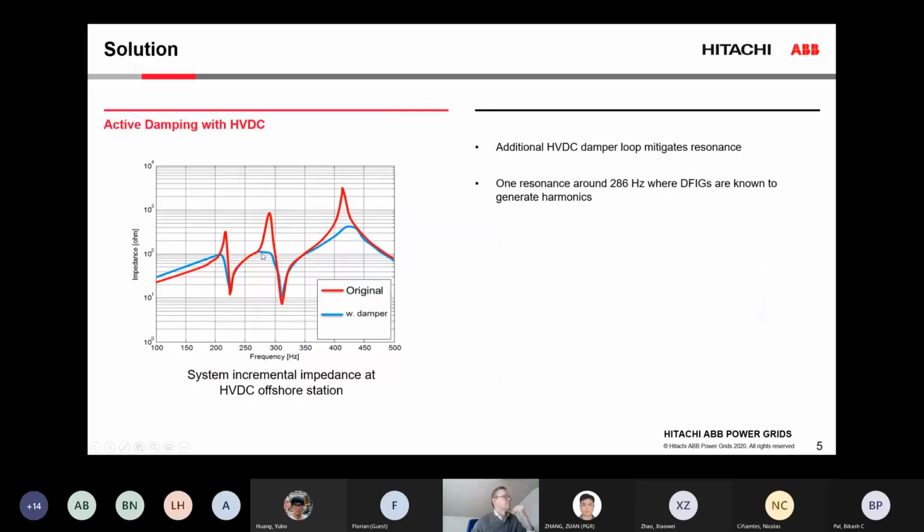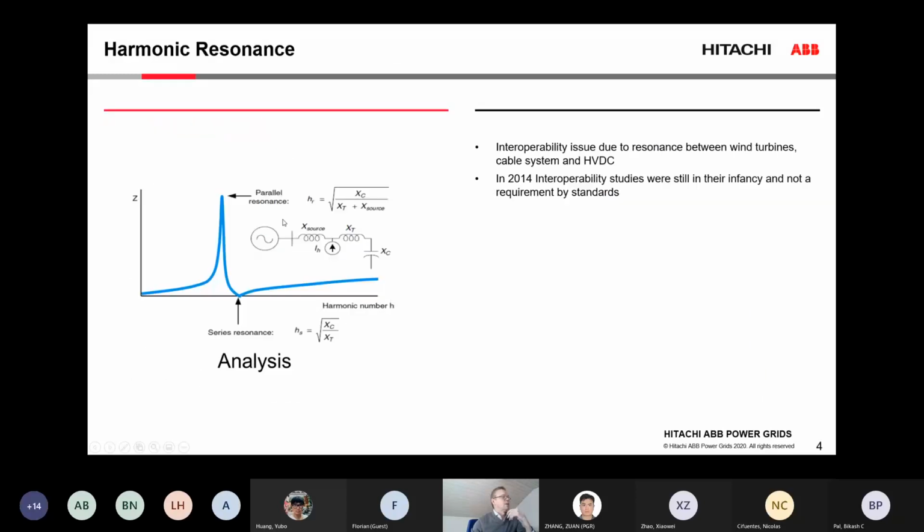We discussed there that this type of problem is connected to harmonic resonance. We are now moving from a static viewpoint into a dynamic viewpoint where we can include also the effect of control.